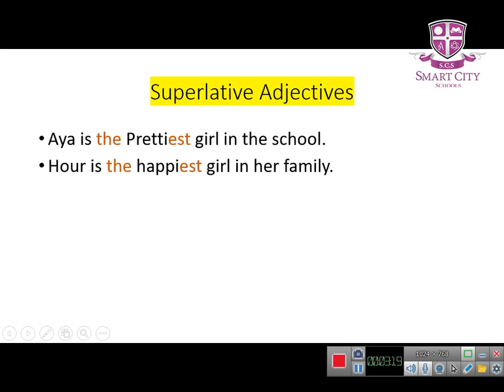Did you notice that form? I used the, then the adjective, and I added est. This is how I form the adjectives in the superlative form. Aya is the prettiest girl in the school. Hur is the happiest girl in her family. So these are the forms of the superlative adjectives.